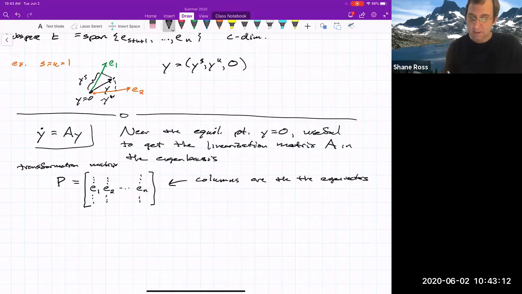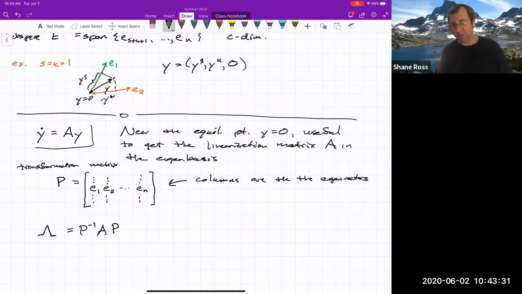Okay, and if you do that, then, sorry that I used lambda before for an invariant manifold, now it's going to be a matrix. Lambda is P inverse A P. This transforms our matrix A into the eigenbasis. Whatever our originally given basis was, we now want to go into the eigenbasis.